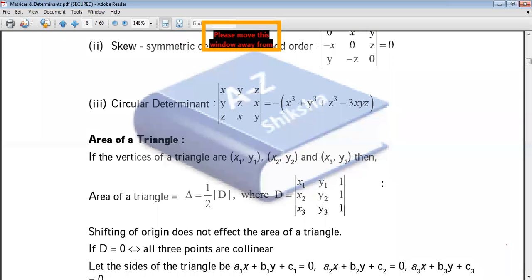Now here, with the concept of determinant, how can you get the area of a triangle? See, for the area of a triangle, you already know the three vertices will be required.